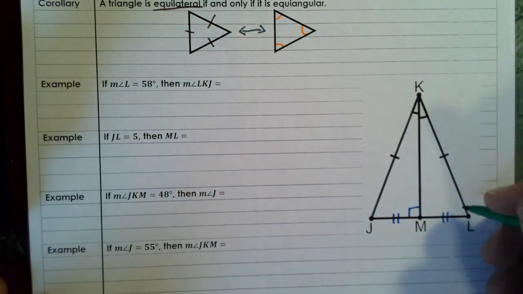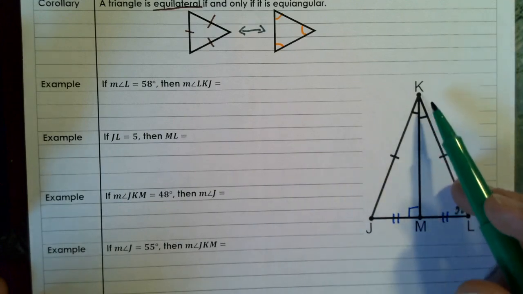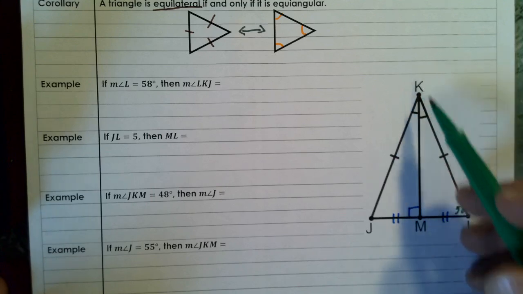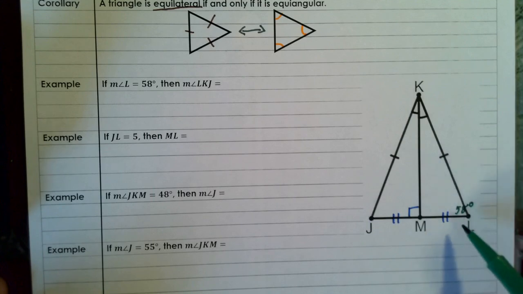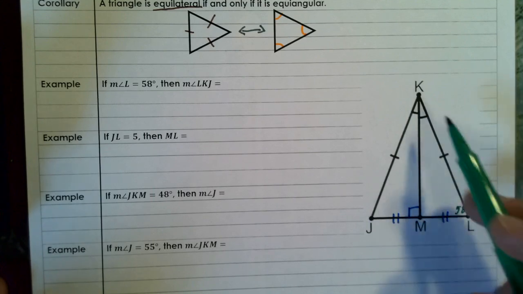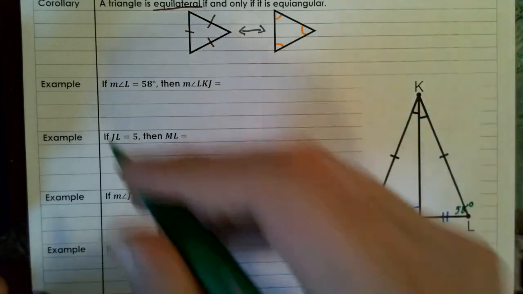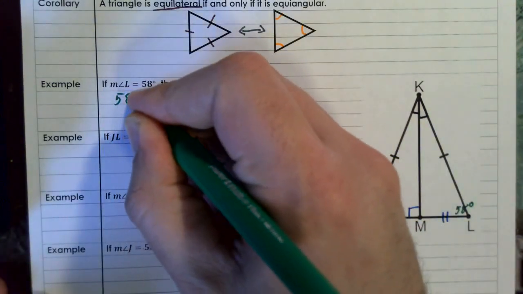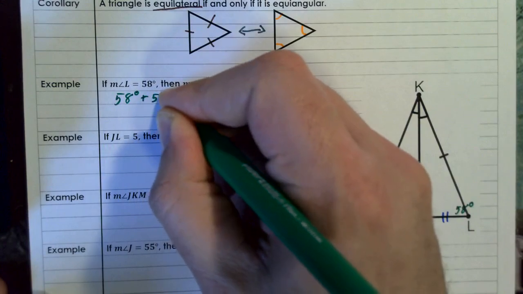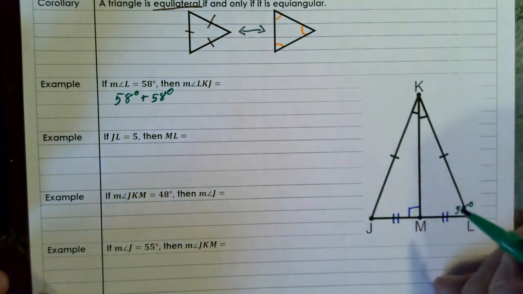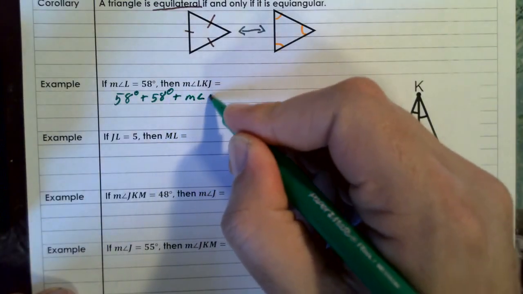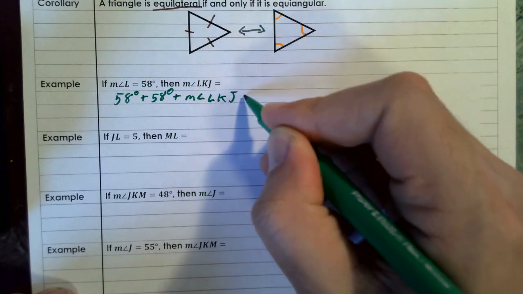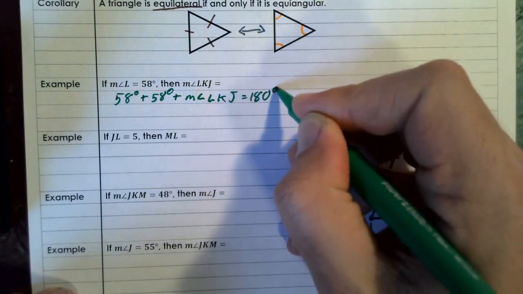We know the measure of angle L is 58 degrees. Well, then the measure of angle LKJ has got to be, let's see, this is 58 and that's 58. This should be the leftover bit. So this is using the idea that those base angles are congruent. 58 plus 58 plus the measure of angle LKJ has got to equal 180.